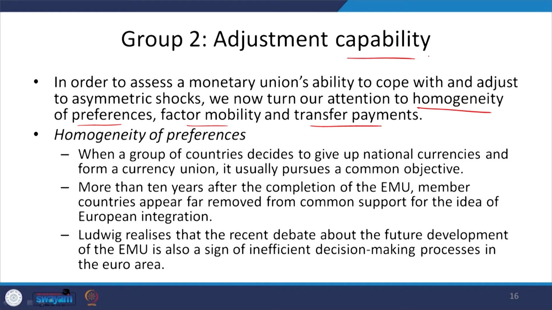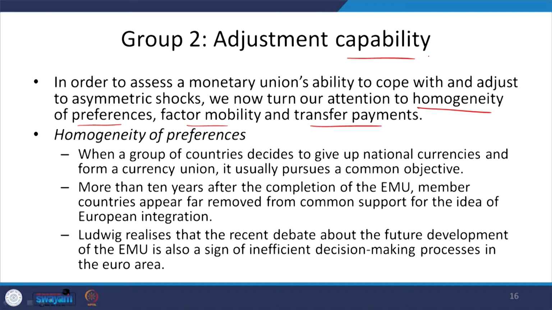So, homogeneity of preferences: when a group of countries decides to give up national currencies and form a currency union, it usually pursues a common objective. Then more than 10 years after the completion of the EMU, member countries appear far removed from common support for the idea of European integration.